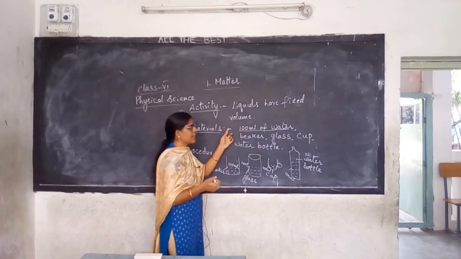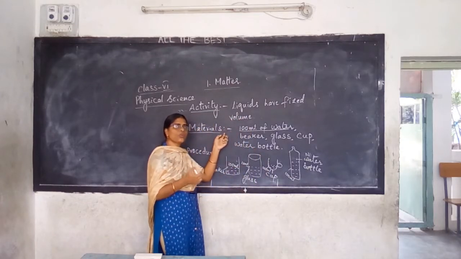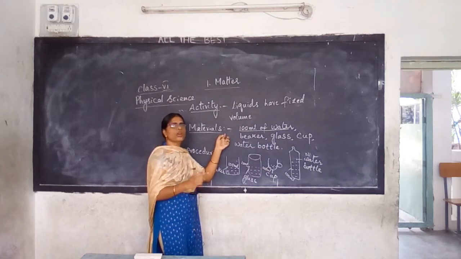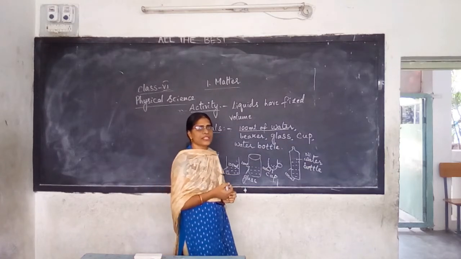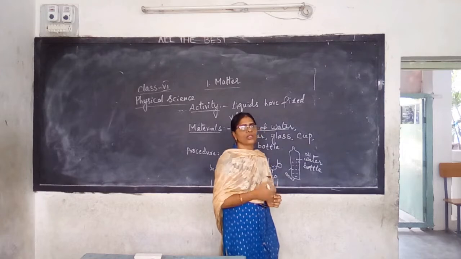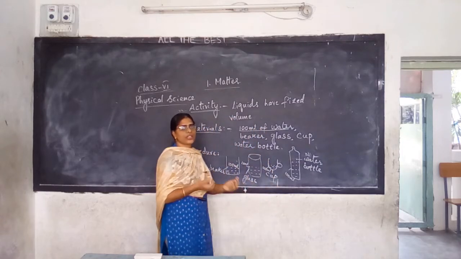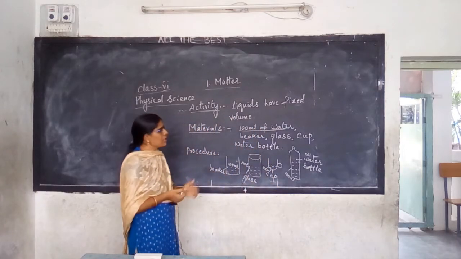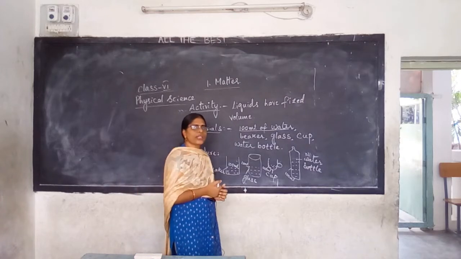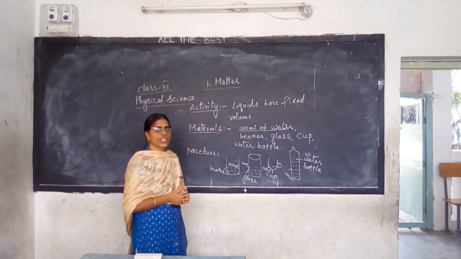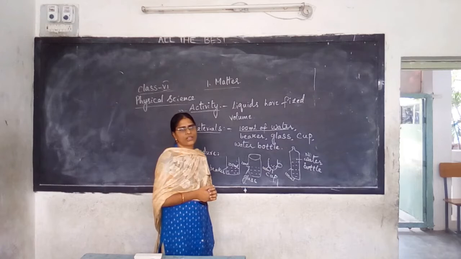Now we have studied that liquids have fixed volume, but their shape depends upon the container. Whichever container you take, the liquid will always depend on the shape of that container.